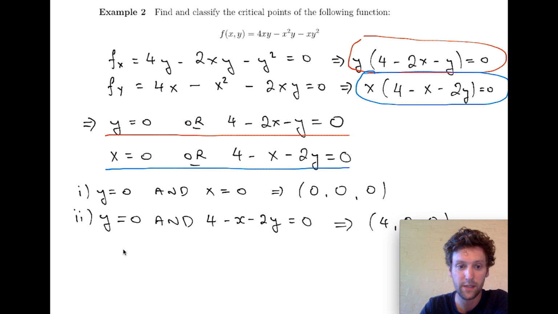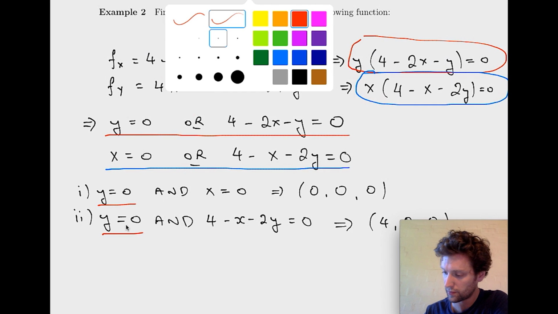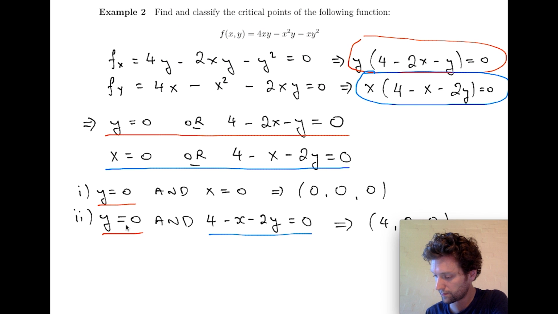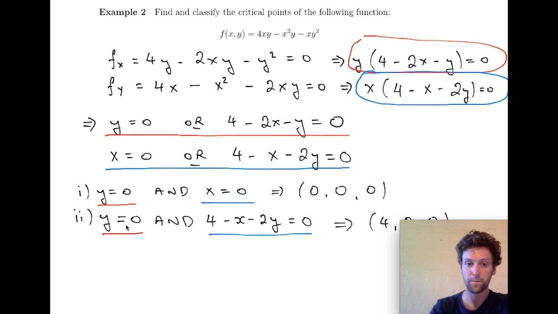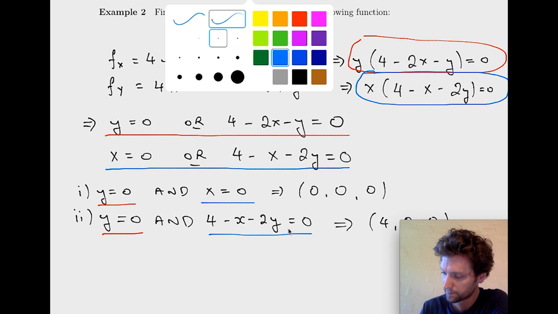So when I'm looking at y is equal to 0, I can underline these to show I'm selecting one from here and one from here. I need to pick either this condition or this condition. So y is equal to 0 and x is equal to 0, or y is equal to 0 and 4 minus x minus 2y was equal to 0. Let's continue to underline in different colors like that, just so we don't make any more mistakes.